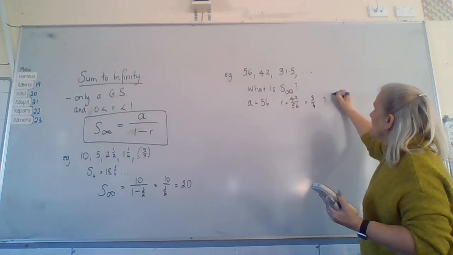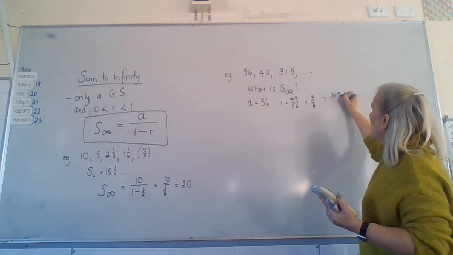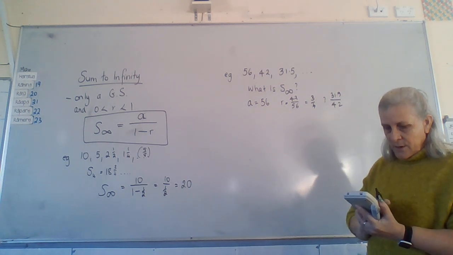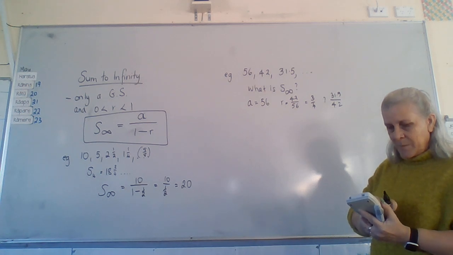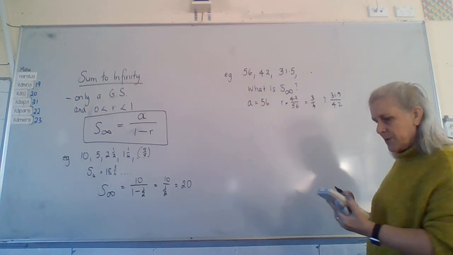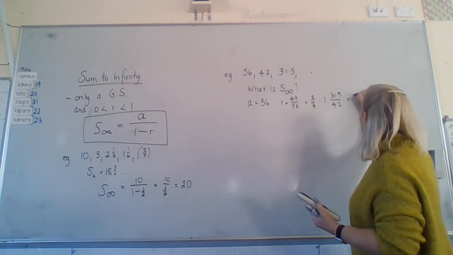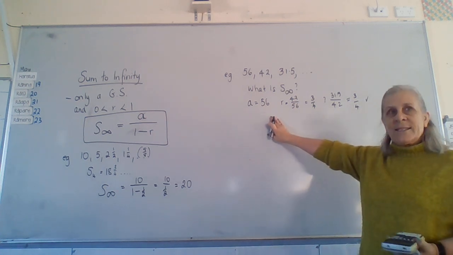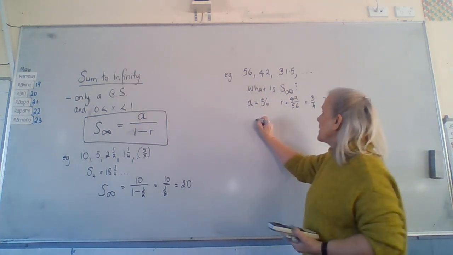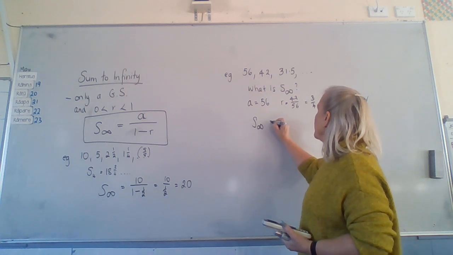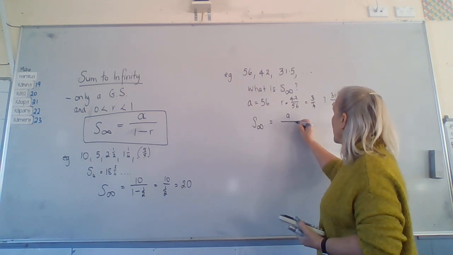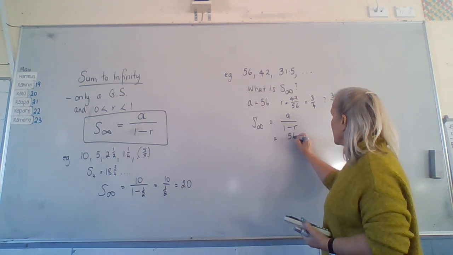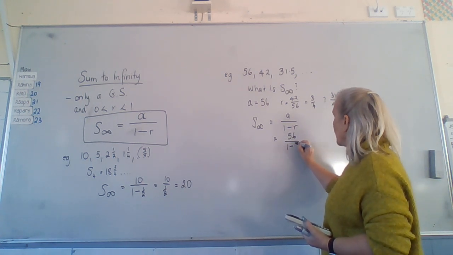Is that the same as 31.5 divided by 42? 31.5 over 42 equals 0.75, 3/4. So tick, R is less than 1. So therefore we can use the formula A over 1 minus R, 56 over 1 take away 3/4.